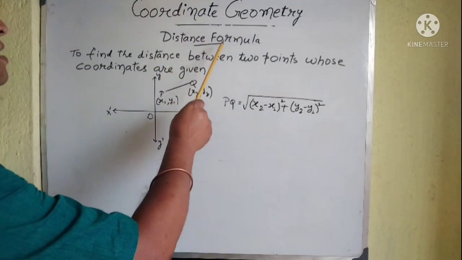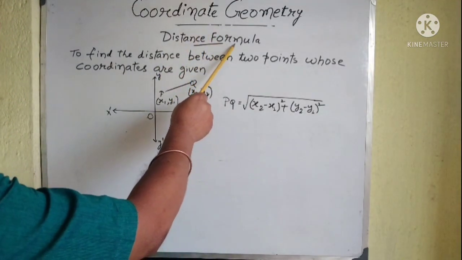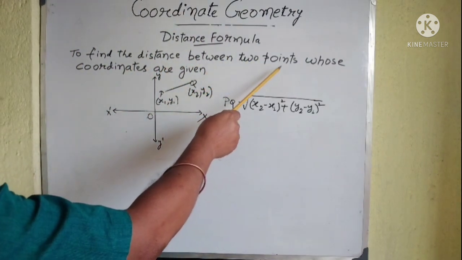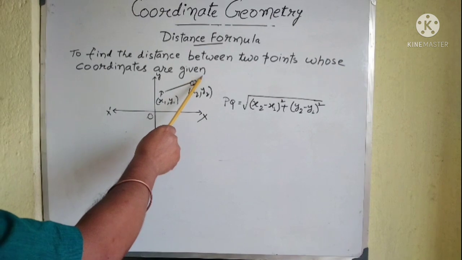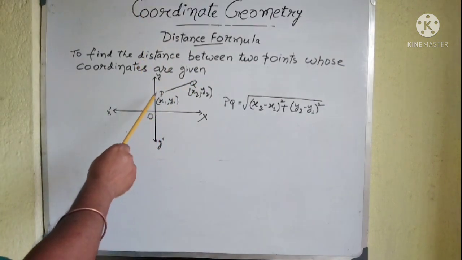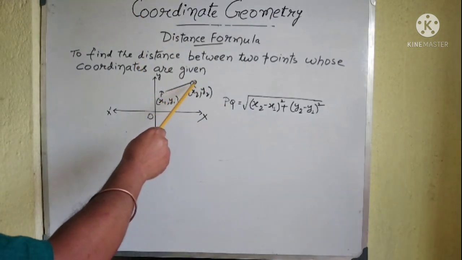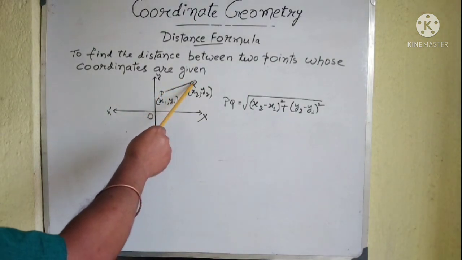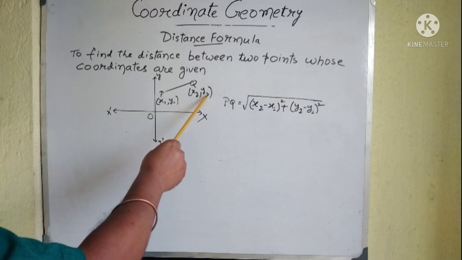Now we will learn distance formula. Distance formula is used to find the distance between two points whose coordinates are given. Suppose we have taken 2 points P, Q. So P having coordinates (x1, y1) and Q having coordinates (x2, y2).